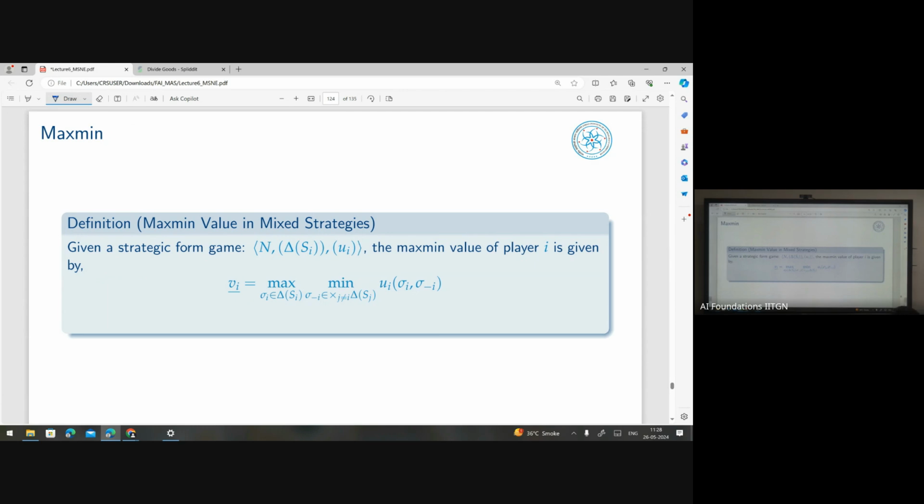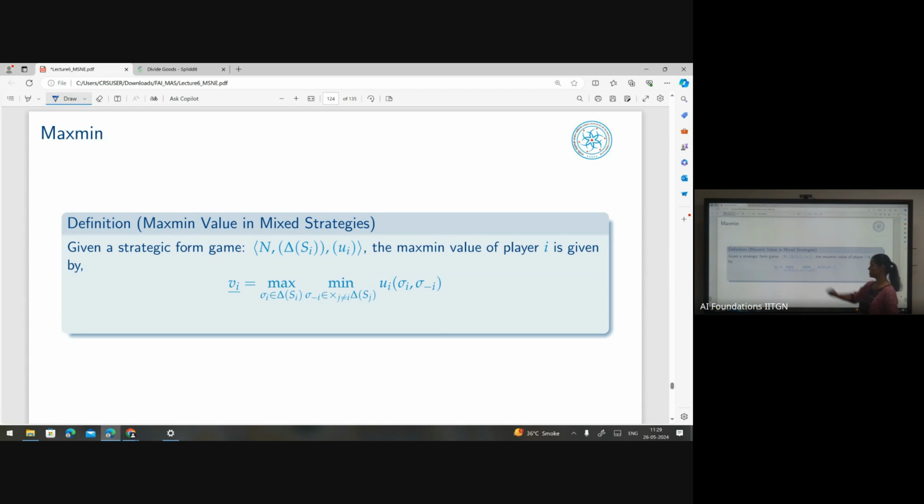The max-min value of player i is given by this expression, where the other agent is trying to find the minimum over all possible options. What is the minimum value that I will get, given that the other player is randomizing over his strategies? So sigma_minus_i belongs to the set of all possible mixed strategies that the other agents choose, except me. That's what this notation is for.